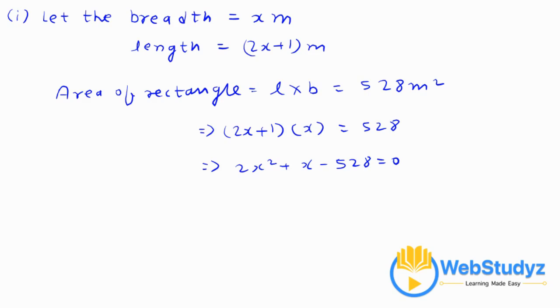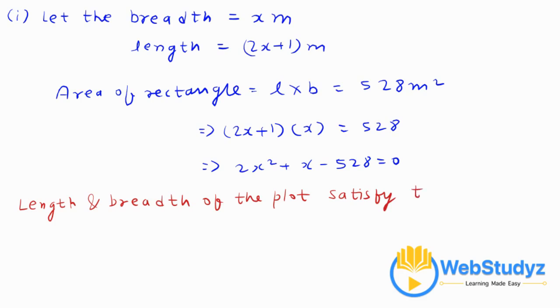So from this we can say that the length and breadth of the plot satisfy the quadratic equation 2x square plus x minus 528 equals 0, which is the required representation of the problem mathematically.